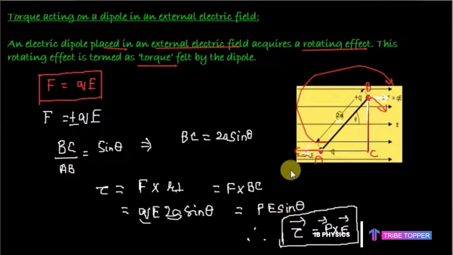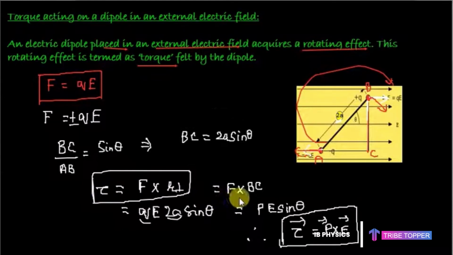Quite simple to find out, just from the formula force times the perpendicular distance, and that gives me F times BC, which is 2A sine theta. Substituting the value of F and BC, I get QE 2A sine theta. Q into 2A, this product is the dipole moment P, into E into sine theta.